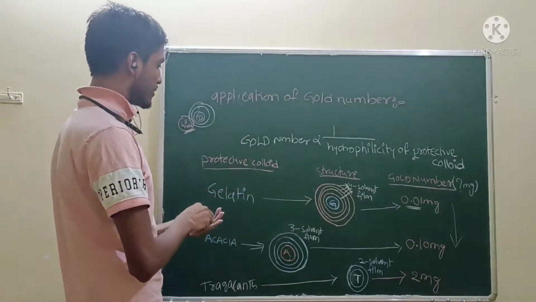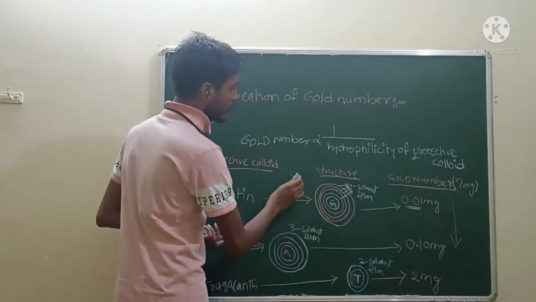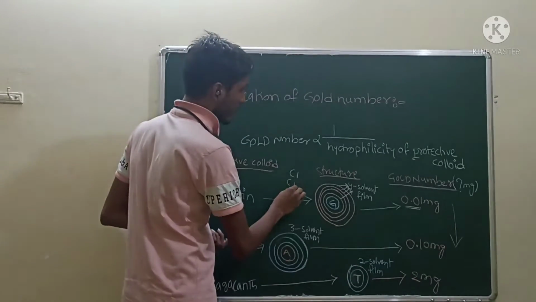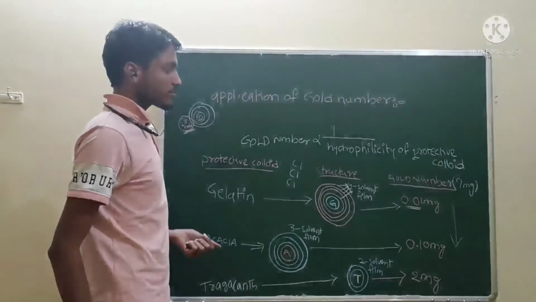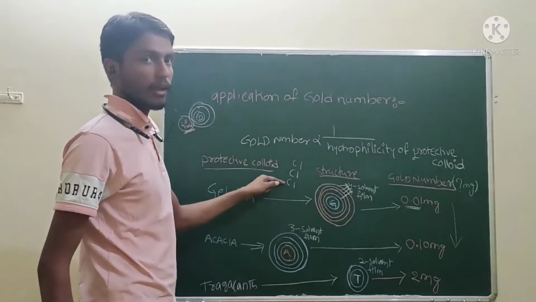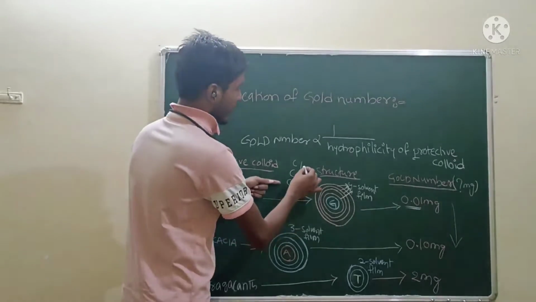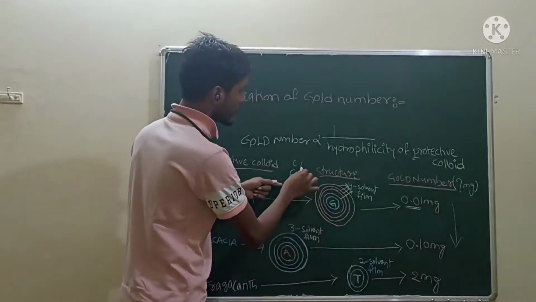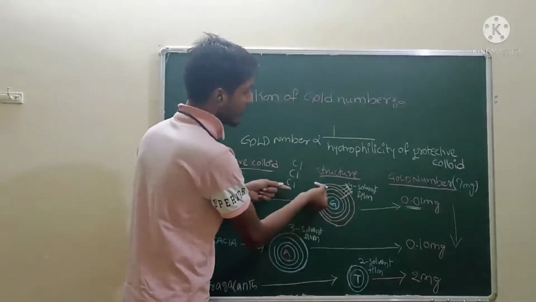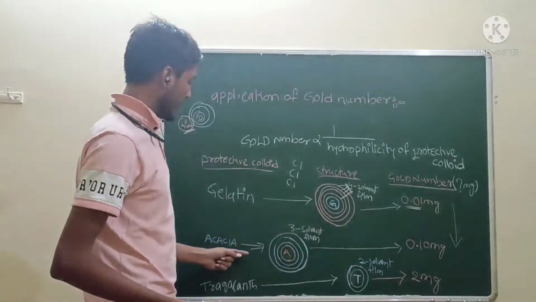How? Just simply see. I have added chloride ions. When I have added the chloride ions, these three chloride ions remove the three solvent films.